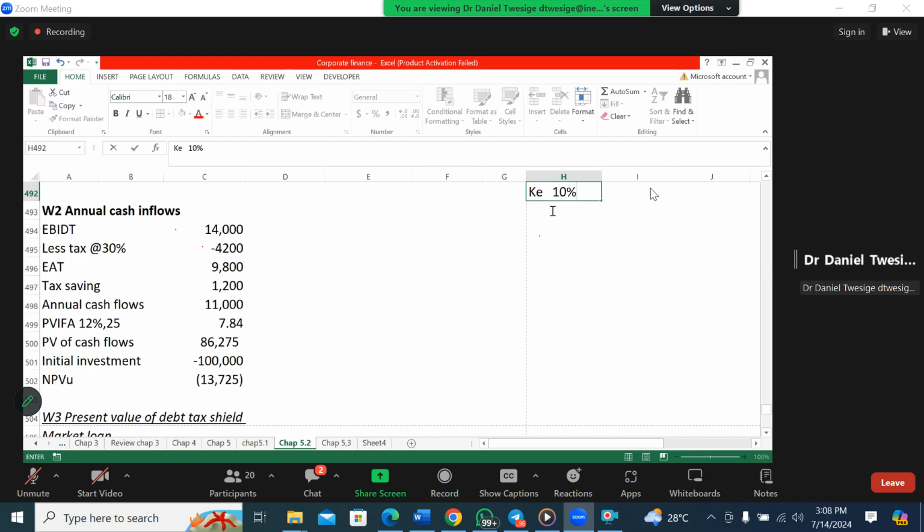That's the current KE. Debt to equity ratio, maybe it's 2 to 5, 2 to 4. That's the debt to equity. And our pre-tax KD, maybe it's 8%. Automatically, once you see such information, it means you're going to use Modigliani and Miller, because to get KU in this case, you have to apply the Modigliani and Miller theory.